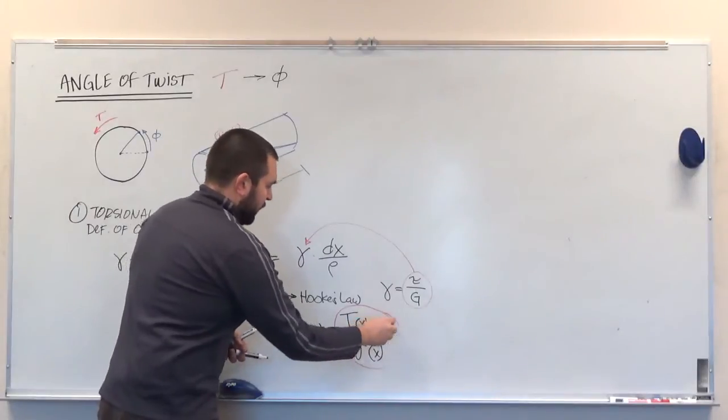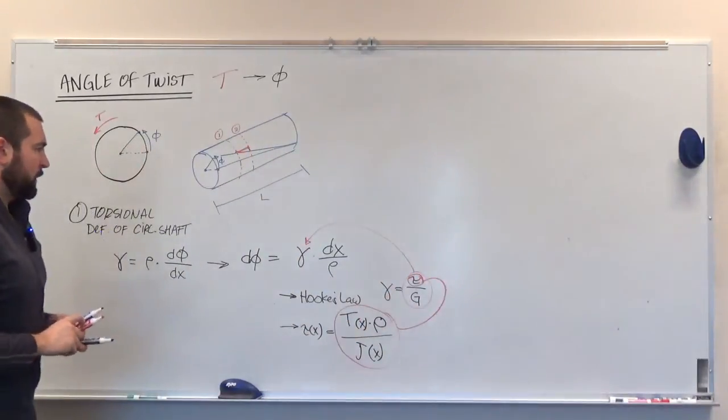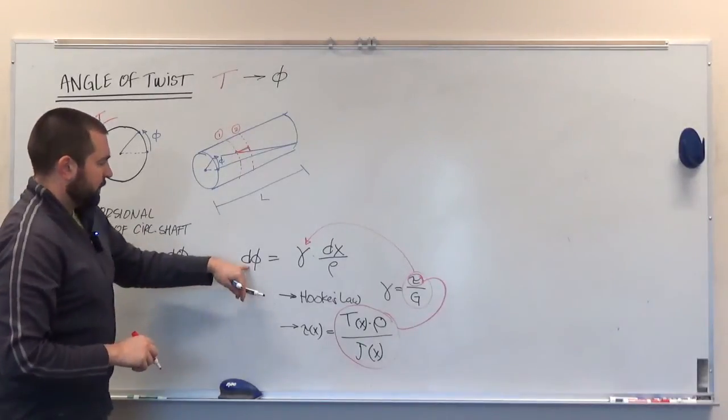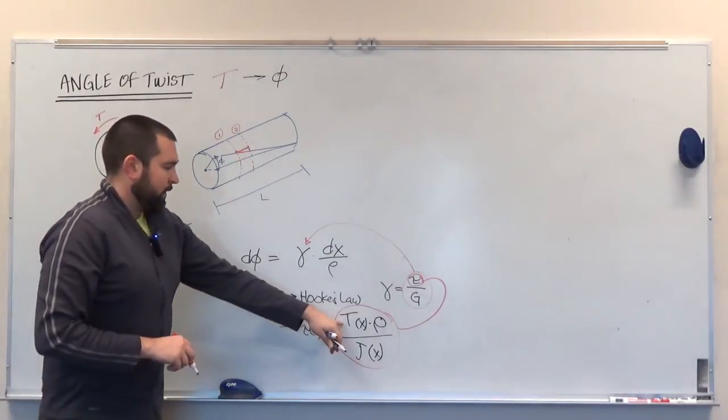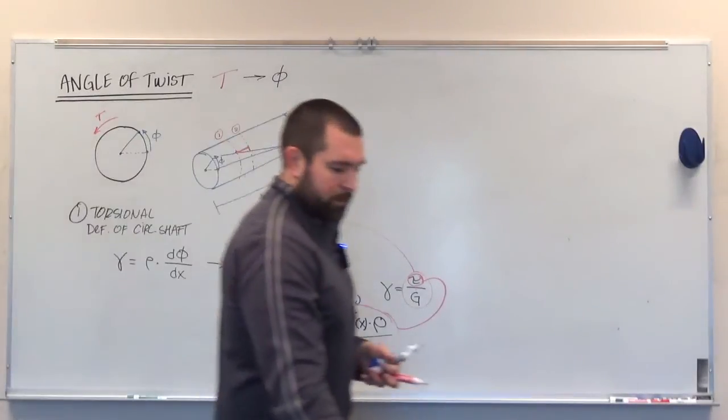So I can take this equation right here and I can plug it in to our Hooke's law. And so now I'm going to have phi related to the internal torque, which is kind of our end goal for this derivation.